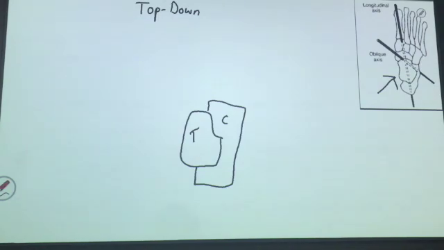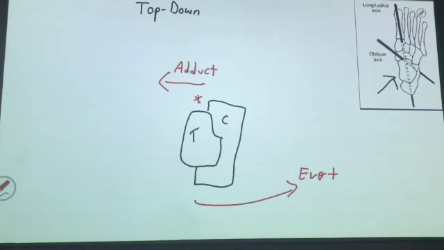What we're going to see is the calcaneus is going to evert. It's going to go that direction. What my talus will then do, because remember we have this whole section sitting out in the breeze, is it's going to adduct.